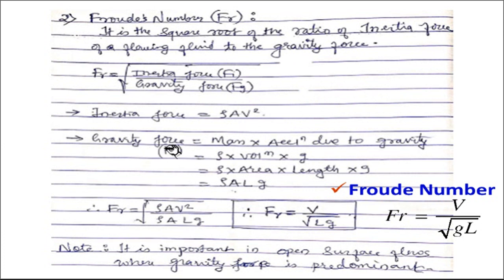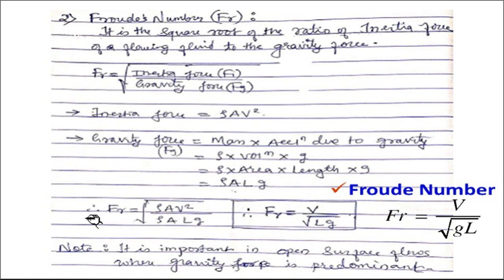Gravity force is nothing but the weight of the fluid mass. So weight is equal to mass into acceleration due to gravity. Mass is density into volume into g. Volume can be written as area into length. These are primary dimensions. So rho into a into l into g.